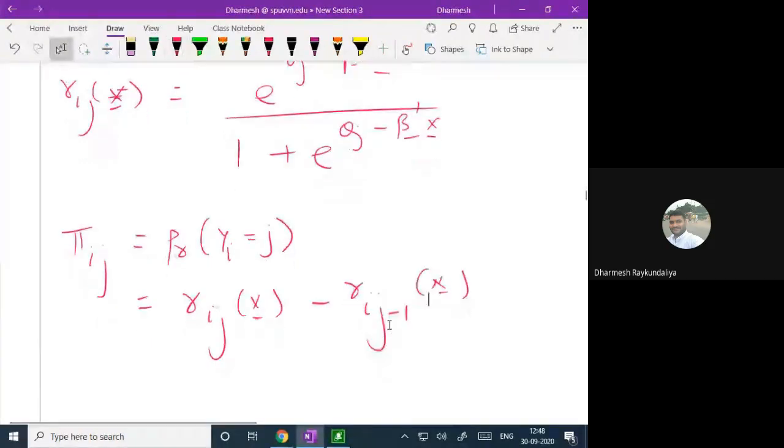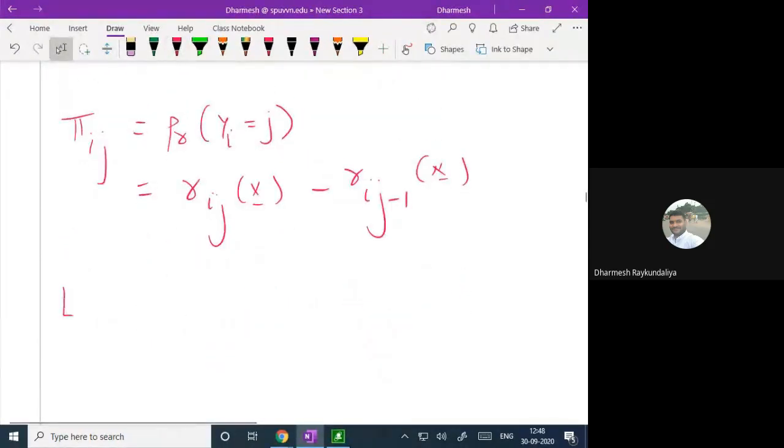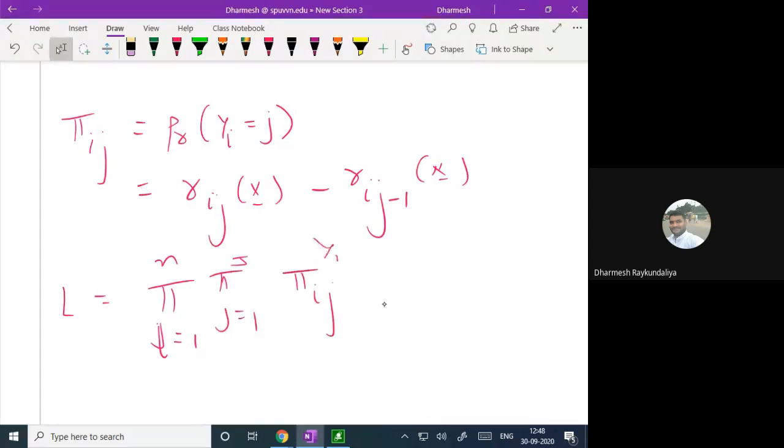And what is the likelihood you can write? The likelihood you can write as a product over i equal to 1 to n, j equal to 1 to capital J, of the probability pi ij raised to yij.